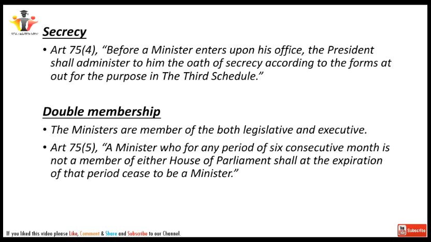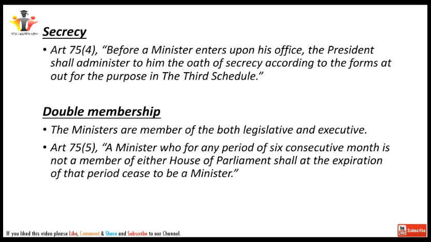A form has been given in the Third Schedule of the Constitution, according to which the minister takes the oath that the president administers. The ministers operate on the principle of secrecy of procedure and cannot divulge information about their proceedings, policies and decisions.